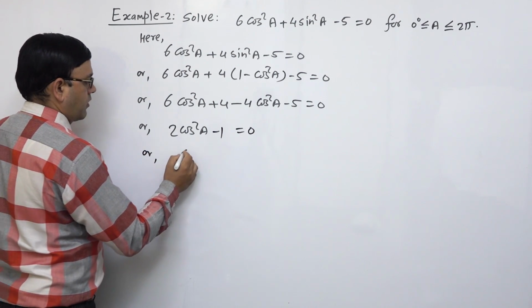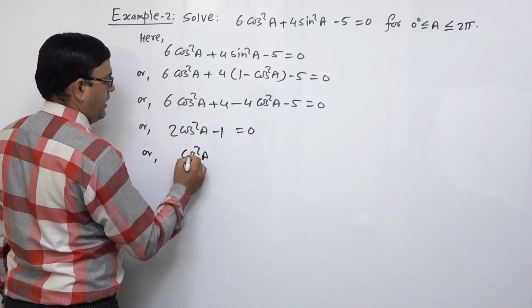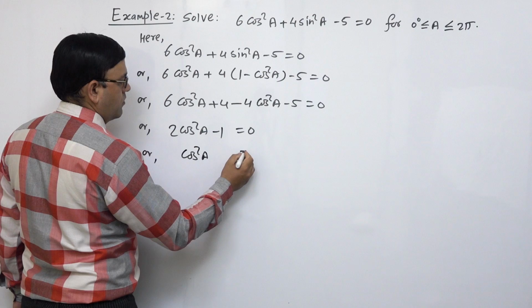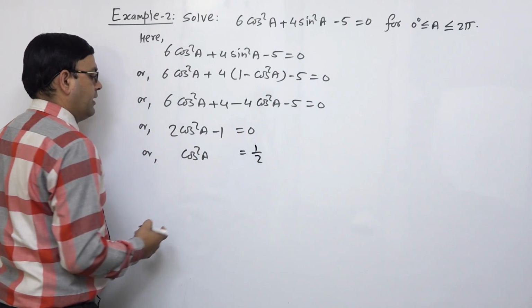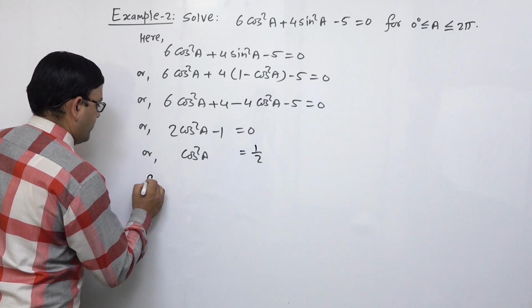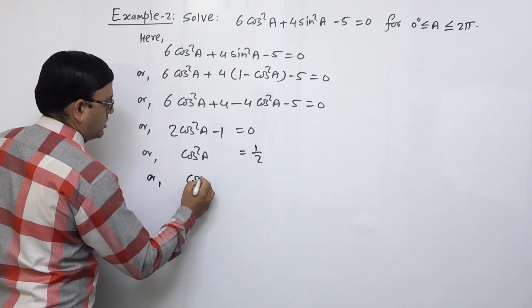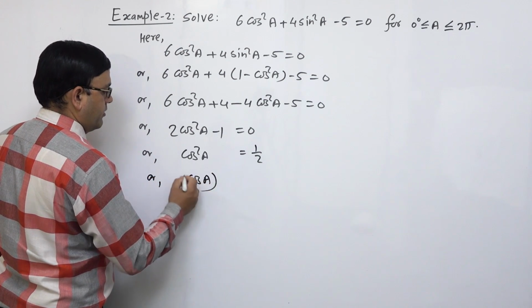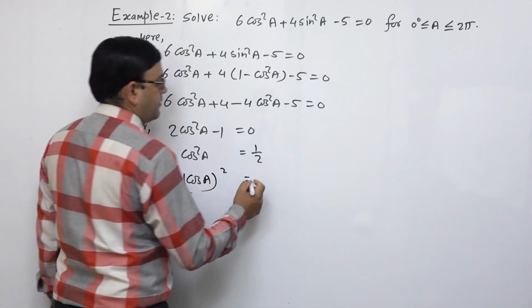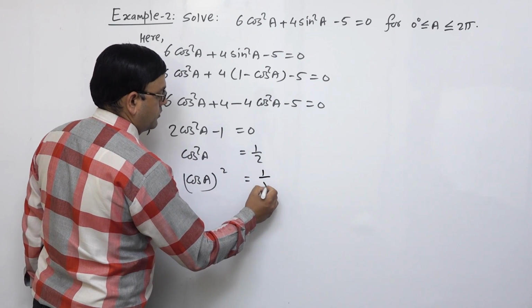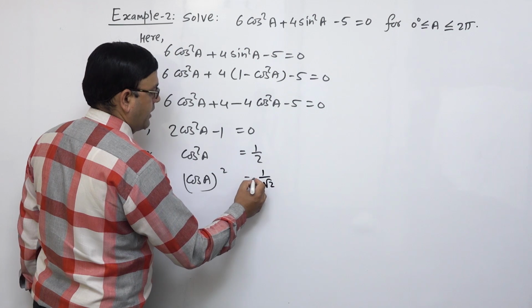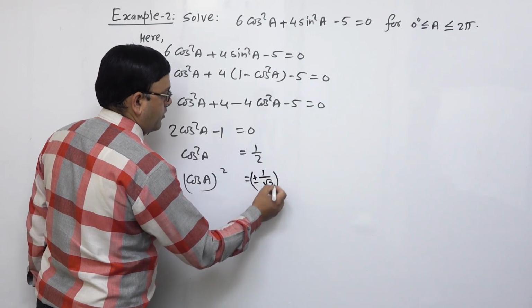Or cos square a is equal to 1 by 2. Or we can write cos a whole square is equal to 1 by 2, this means 1 by root 2 whole square with plus minus.